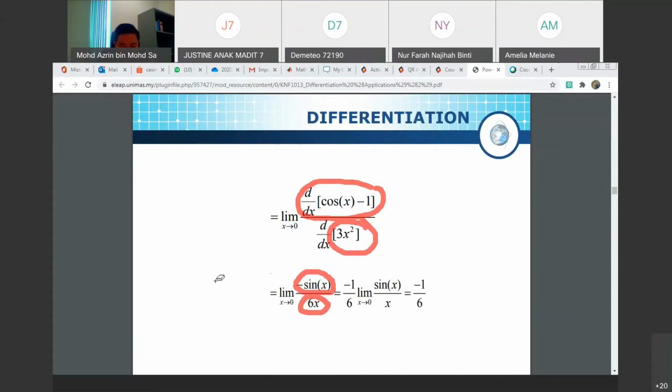So that you will not end up with 0 over 0. So there will be your L'Hopital's rules, then you will get this answer.